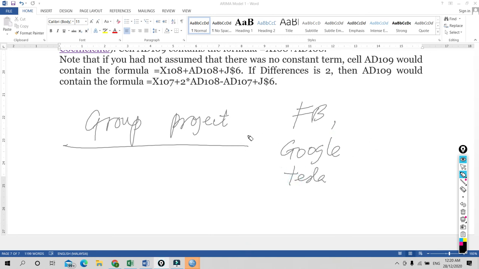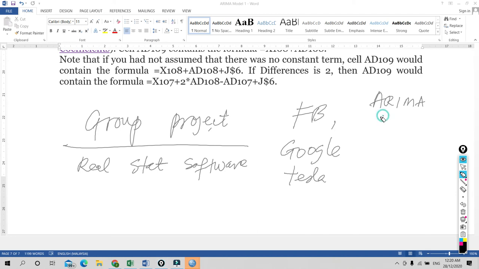So use the previous data, the previous project, and try to use this Real Statistics software. Please download this software, and then try to find the ARIMA model. Test a few models on ARIMA.